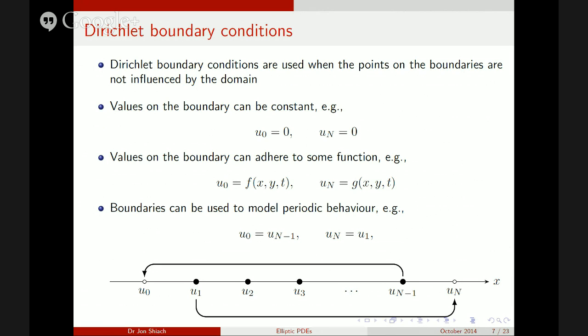So it models an infinite domain. And you could do things the other way around. The right-hand boundary could take the value of the first computational node. That's another example of periodic behavior. In short, Dirichlet boundary conditions are independent of what's going on inside the domain, and we can set them pretty much to what we want.